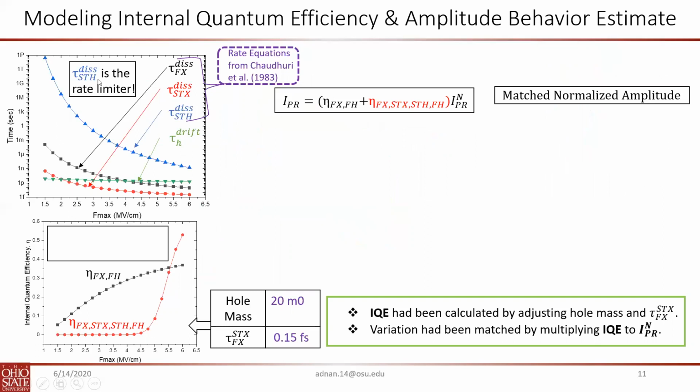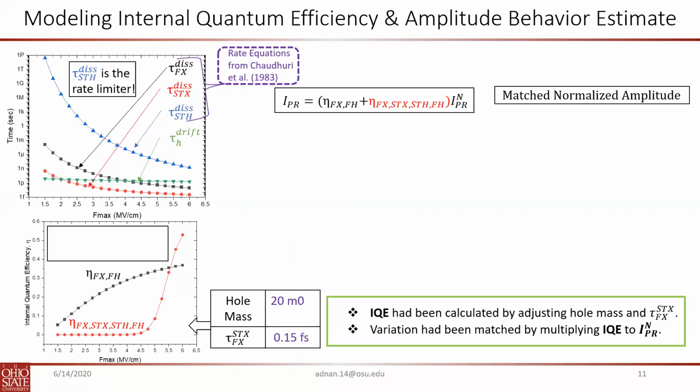And if we use these values to calculate the efficiencies of the two paths, the free exciton dissociation path and the self-trapped exciton to self-trapped hole path, using a variable that is the free exciton to self-trapped exciton conversion time, which can have a value of 0.15 femtosecond, and the hole mass as 20 m0. Remember, hole mass is not known because the valence band is very flat in gallium oxide.